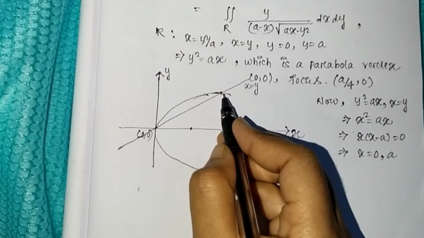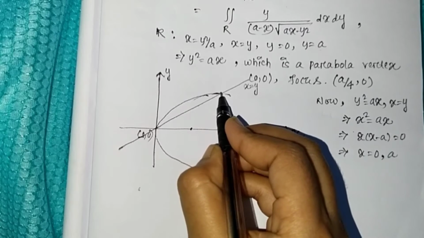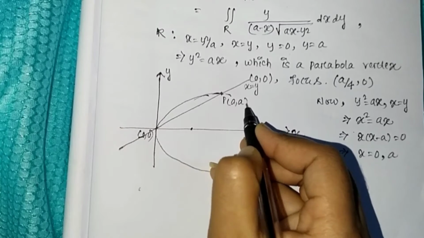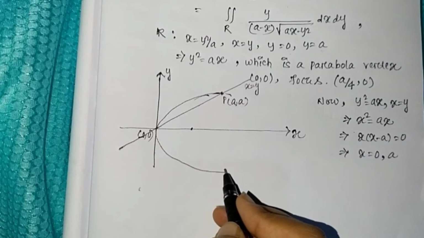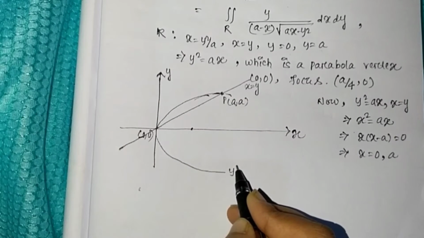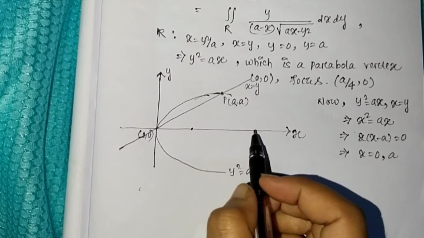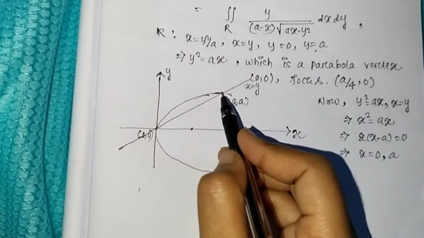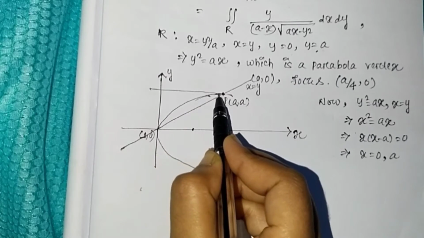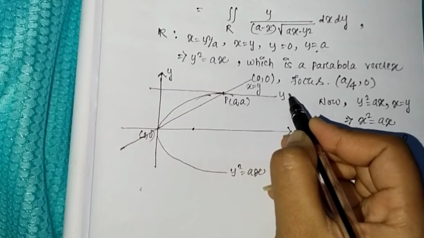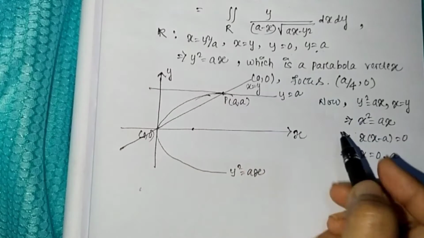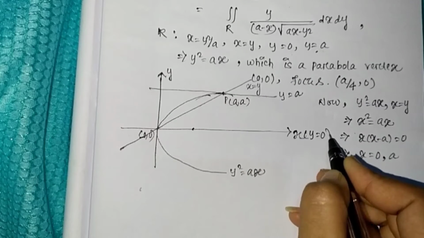This is our point (a, a), and this is the parabola y² equal to ax. Our line y equal to a passes through this intersection point. So this is our y equal to a, and y equal to 0 is the x-axis.